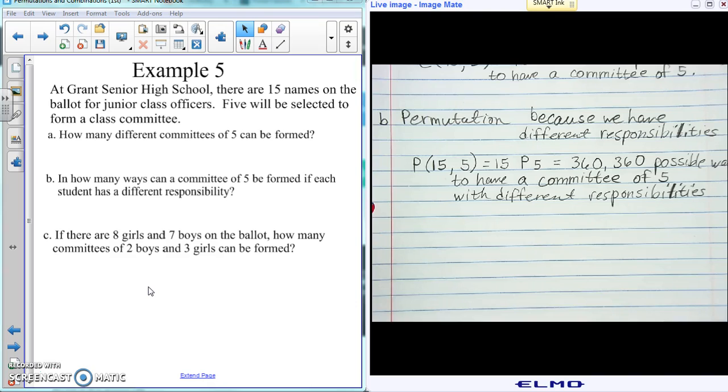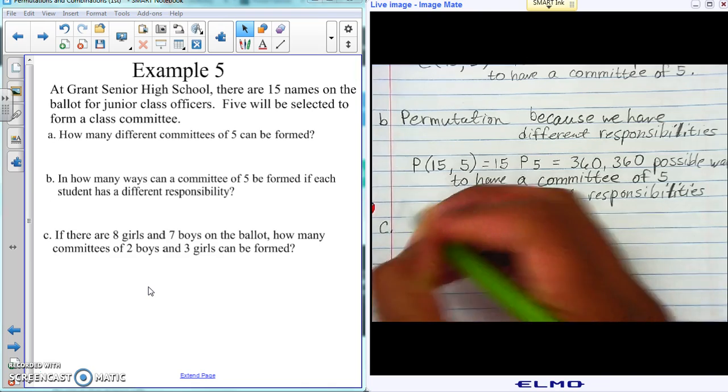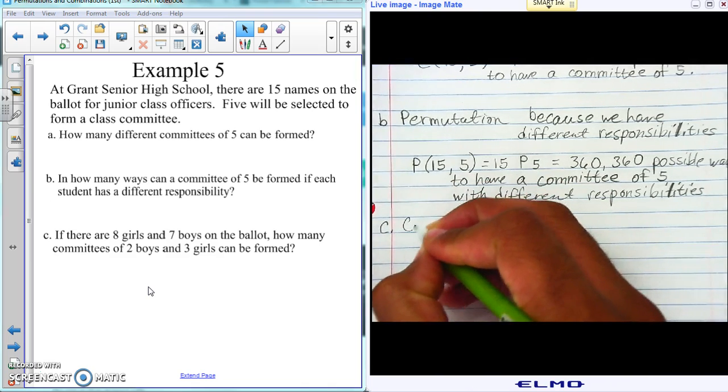So when we do this part, first off, does it matter what order we're putting them in? Or they just say boys and girls? Does it matter like responsibilities or order or anything of that sort? Now, order doesn't matter. So for C, order does not matter. So it's combination.